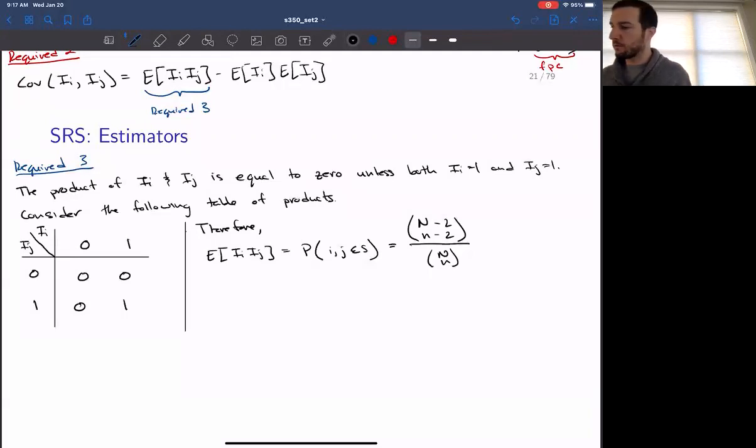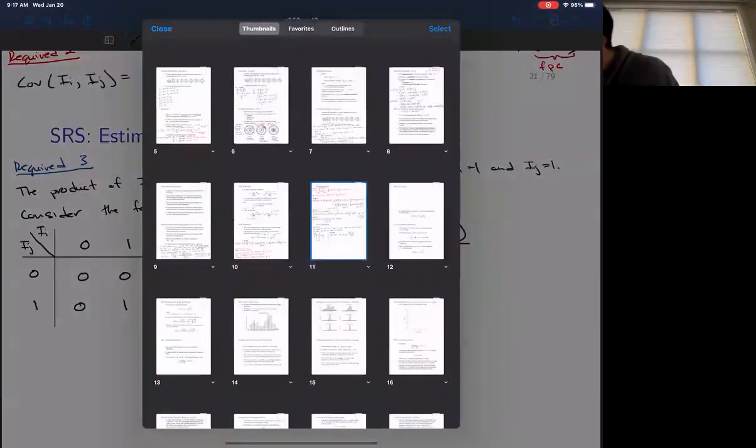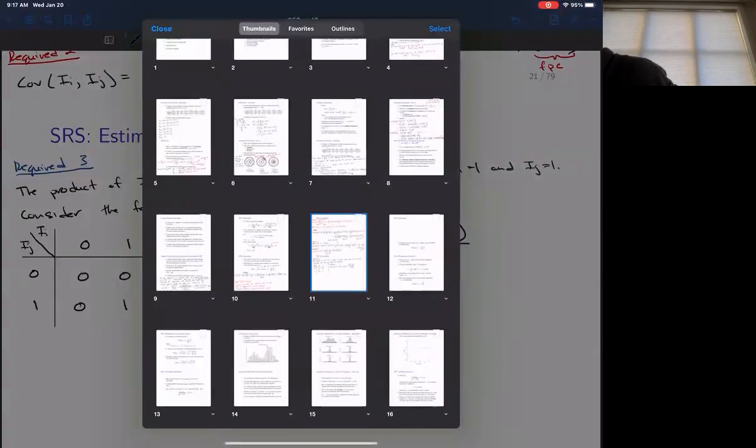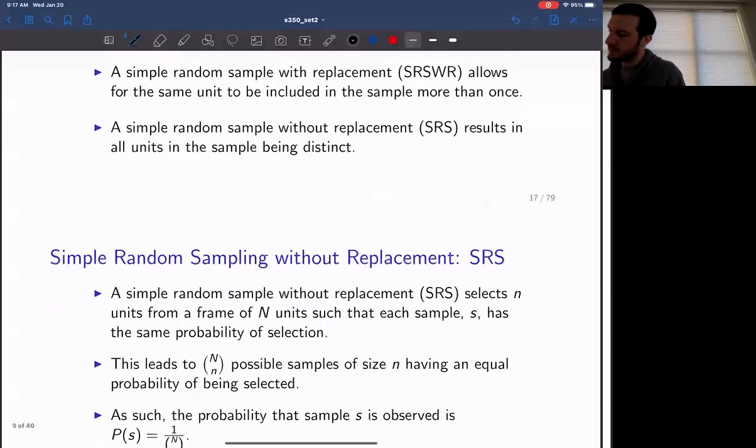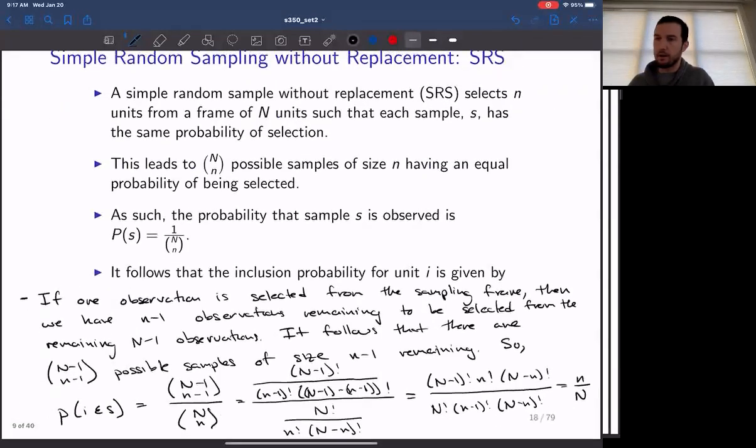And if we refer back to slide 18, you can see our initial derivation for the inclusion probability is shown here, and it's the exact same idea.